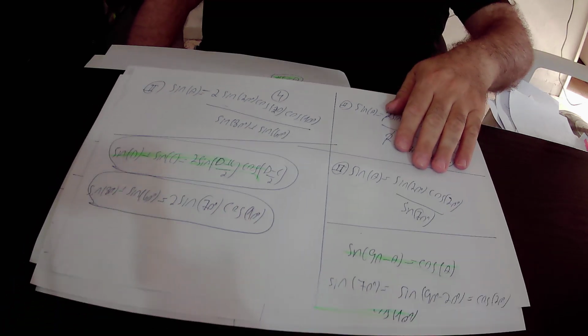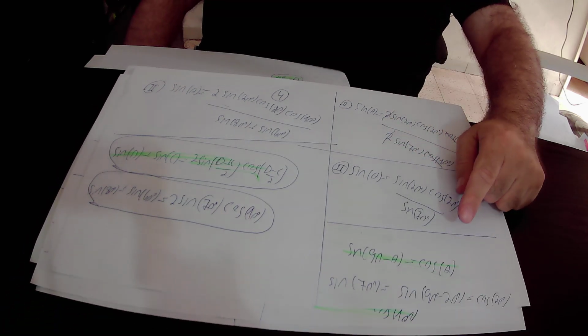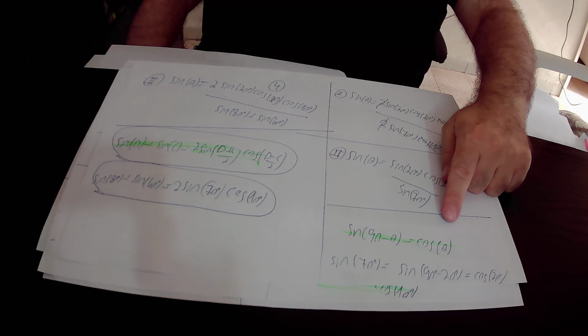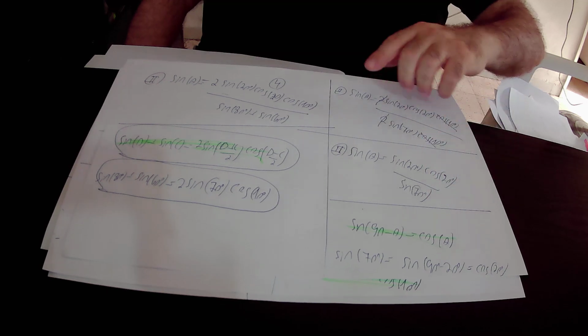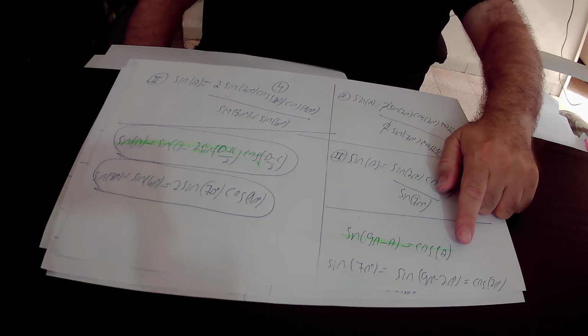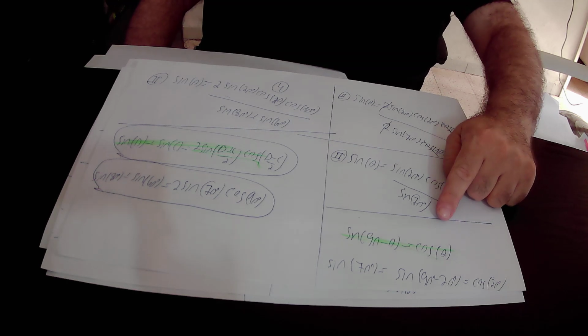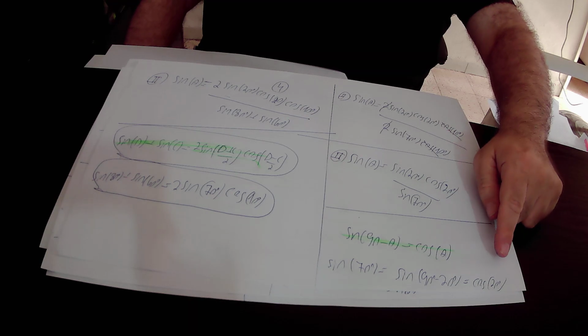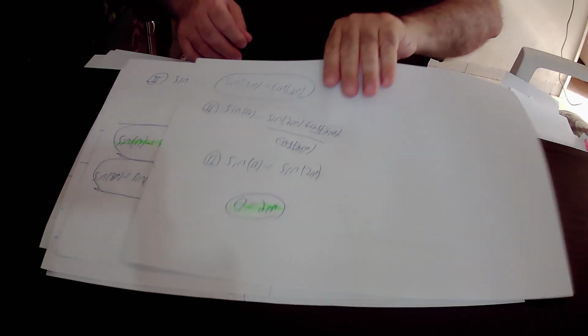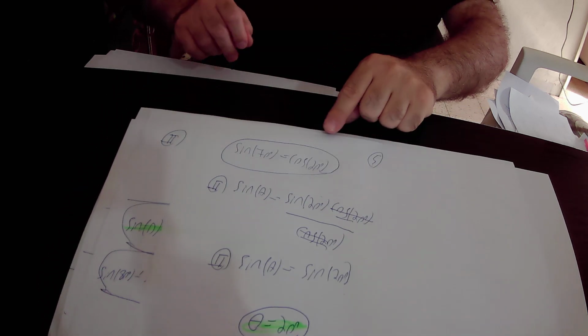Then we have the last trigonometric identity, that sin of (90 degrees minus theta) equals cos theta. We use this identity for sin 70 degrees. Sin 70 degrees equals sin of (90 degrees minus 20 degrees), which equals cos 20 degrees.